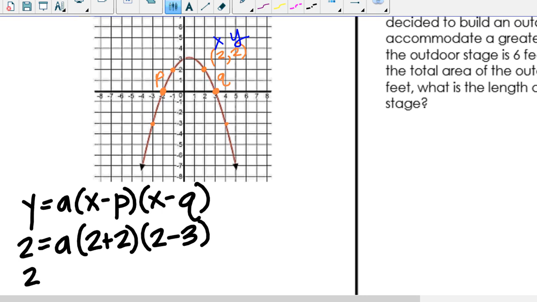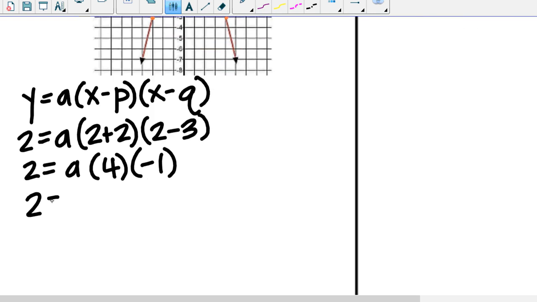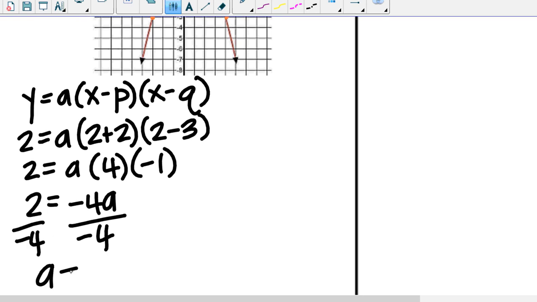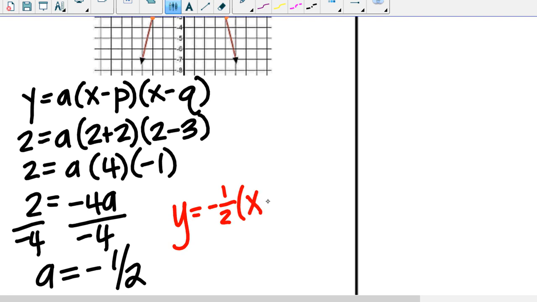So I have 2 equals a times 4 times -1. So that means I have 2 equals -4a. So if I divide both sides by -4, my a value is going to be -1/2. So I'm going to end up with y equals -1/2 times x minus a -2 times x minus 3.